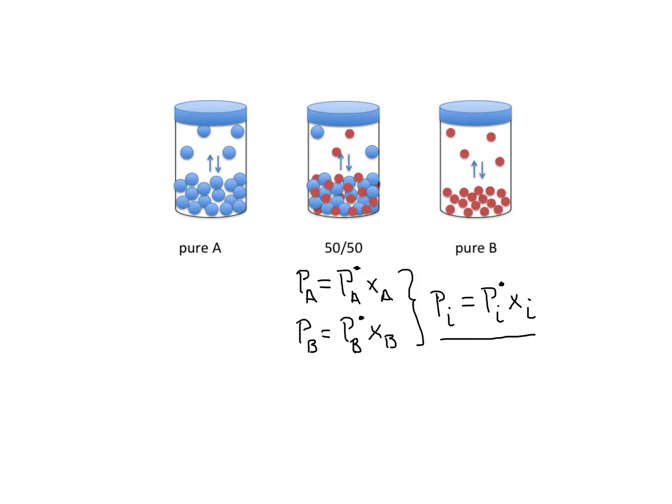This statement is called Raoult's law and holds for substances which have similar interactions between A and B as there are between AA and BB molecules.